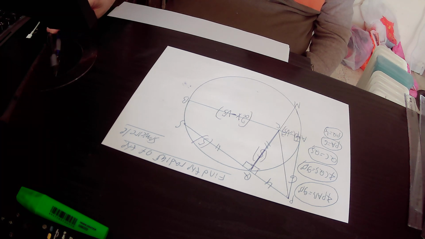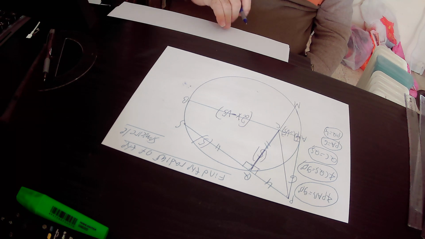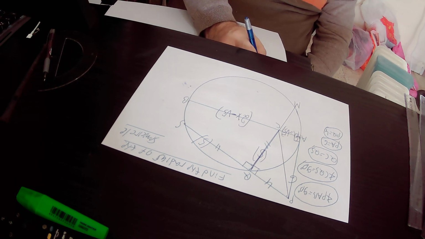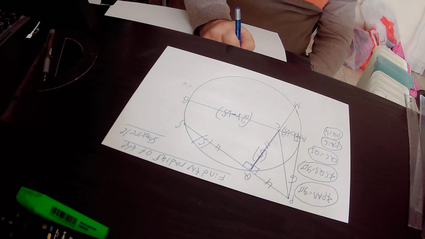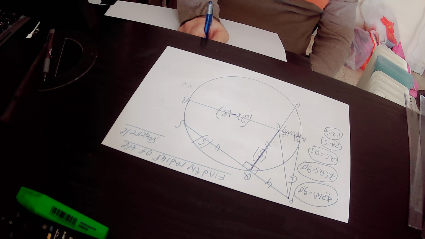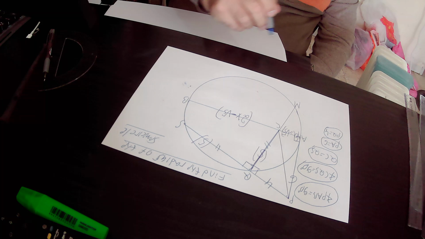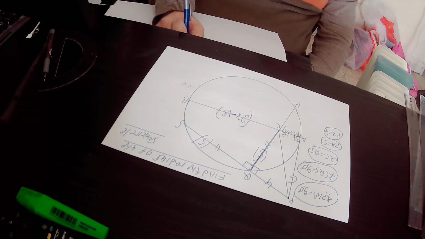So I write it down. In our drawing, chord AB intersects with chord QM at point C.